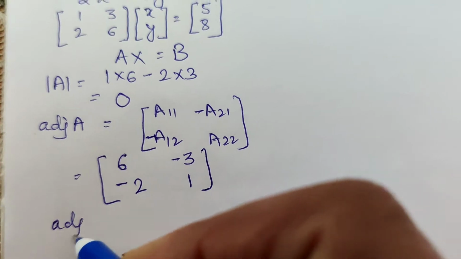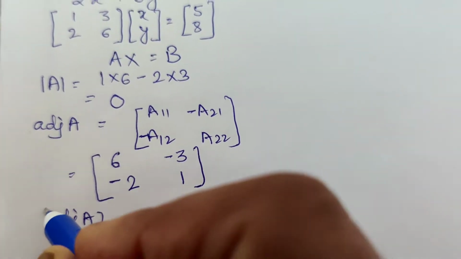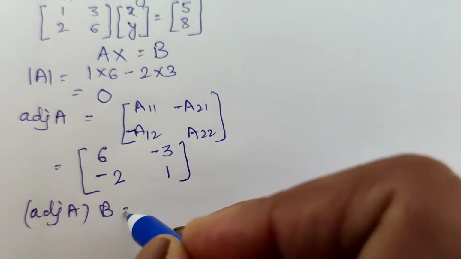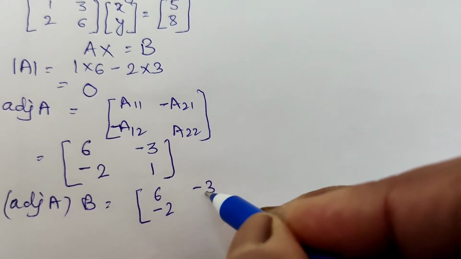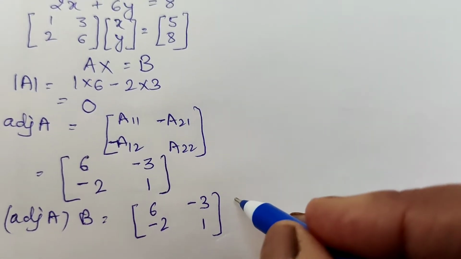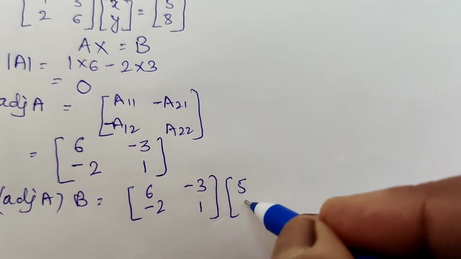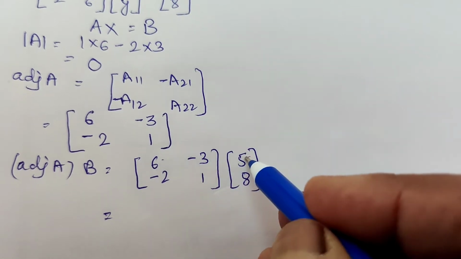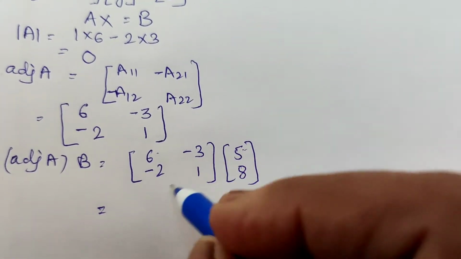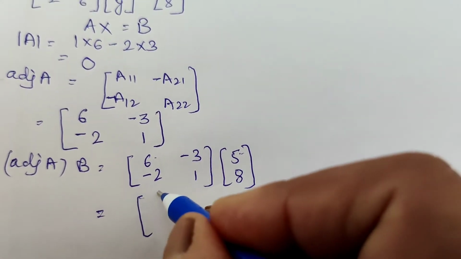Now find adjoint of A into B. The adjoint is 6, minus 2, minus 3, 1, and B is 5, 8. Now multiply. 6 into 5 is 30, minus 24, it is 6.